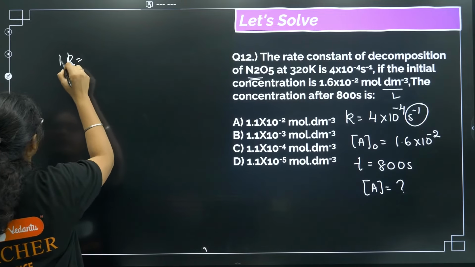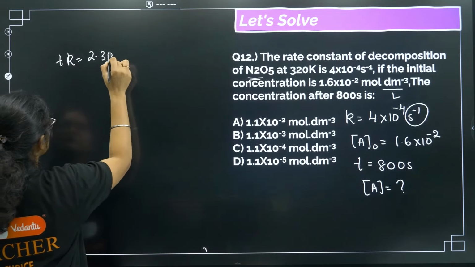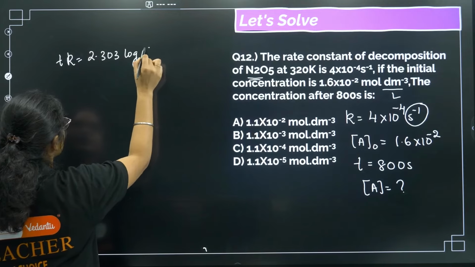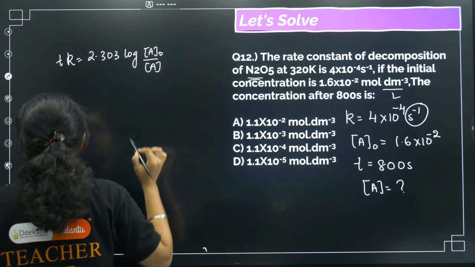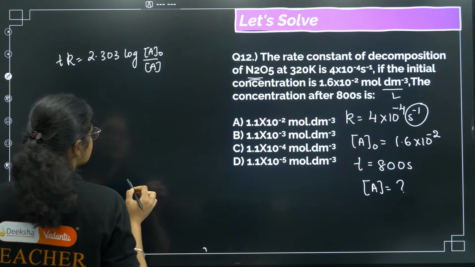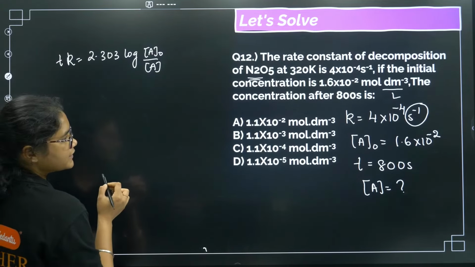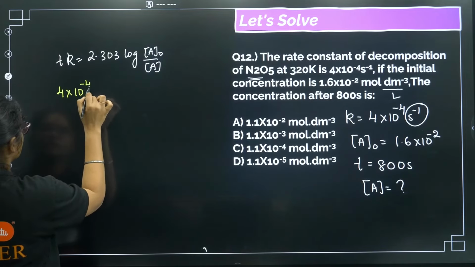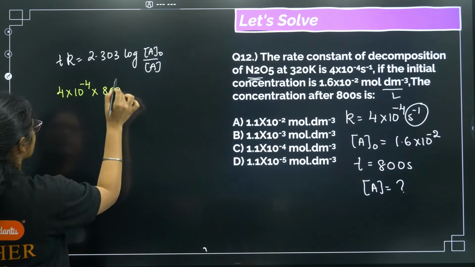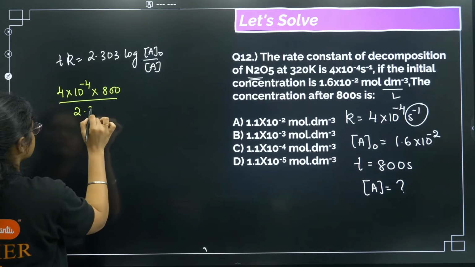kt is equal to 2.303 log of A0 by A. Now let us substitute the values. What is the k value? The k value is 4 into 10 to the power of minus 4, right? Time is 800 seconds. I'll divide the 2.303 this side.